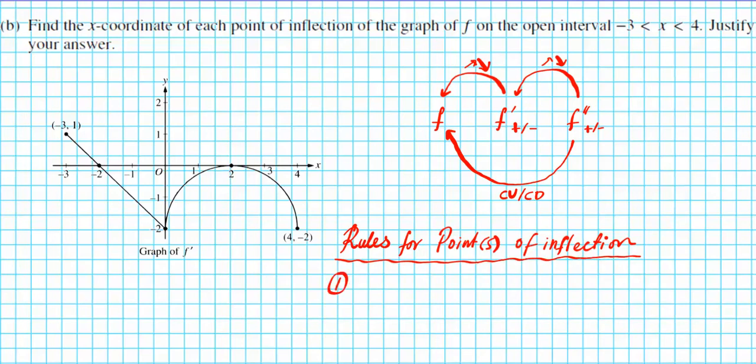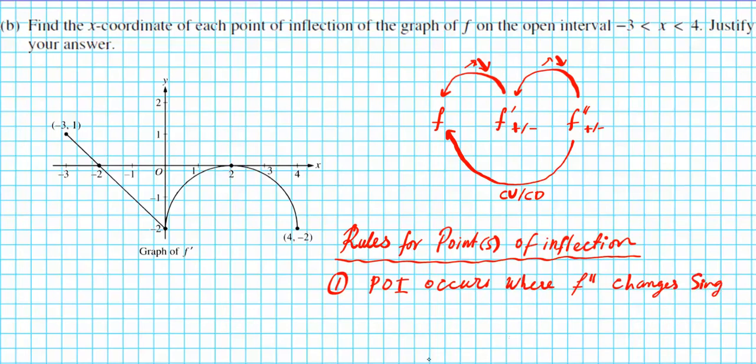The first one, condition 1, point of inflection, I'm going to call it POI. Point of inflection occurs where f double prime changes sign.